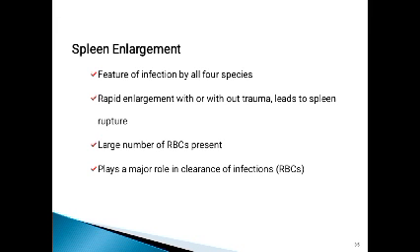Spleen enlargement is a feature of infection by all four species. Rapid enlargement with or without trauma leads to spleen rupture. The large number of red blood cells present plays a major role in clearance of infected red blood cells.